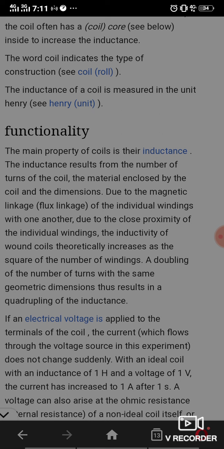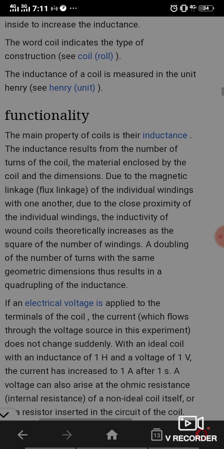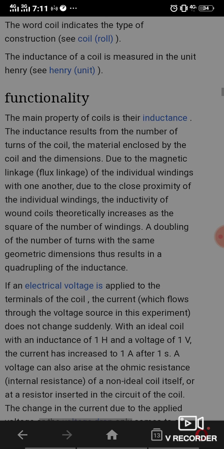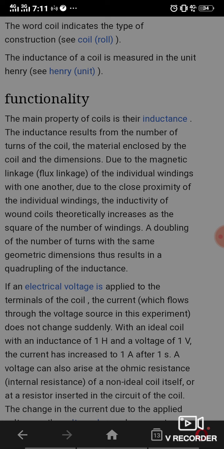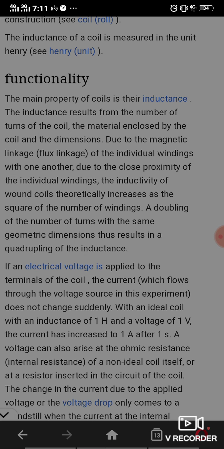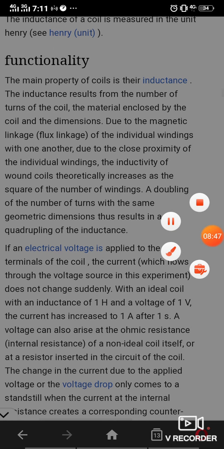If an electrical voltage is applied to the terminals of a coil, the current which flows through the voltage source in the experiment does not change suddenly. With an ideal coil with an inductance of 1 Henry and a voltage of 1 volt, the current has increased to 1 ampere after 1 second.